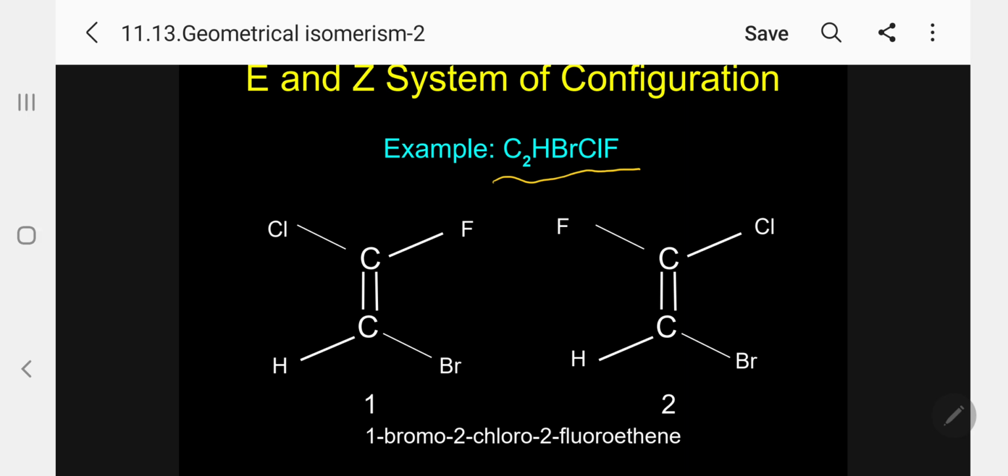If any example or formula is given, asking for the total number of configurations or isomers possible for the compound having that formula, you should be very careful. You have to first find out what type of isomerism it is. Is cis-trans isomerism possible or not? Is it saturated? You have to find these out, and only then decide. So in this case, I am doing it carefully.